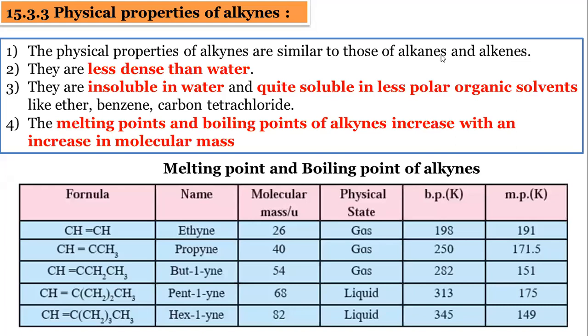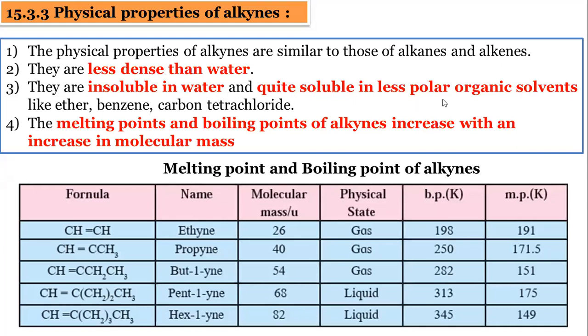Then the physical properties of the alkynes. Physical properties are similar to alkanes and alkenes, because all these are hydrocarbons and all are non-polar. These are less dense than water, so the density is less. They are insoluble in water because they are not polar.